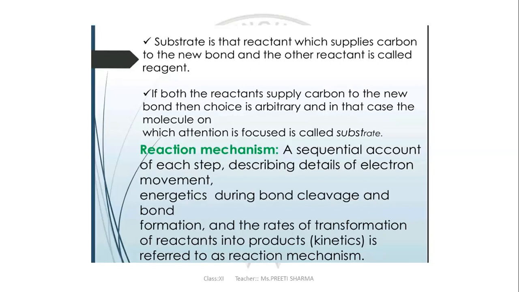And if both the reactants supply carbon to the new bond, then the choice is arbitrary, and in that case, the molecule on which the attention is focused is known as the substrate, students.